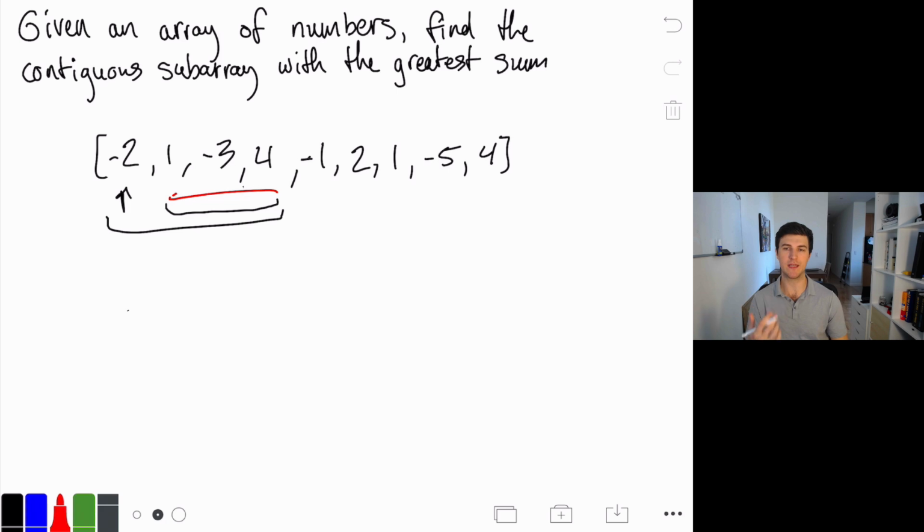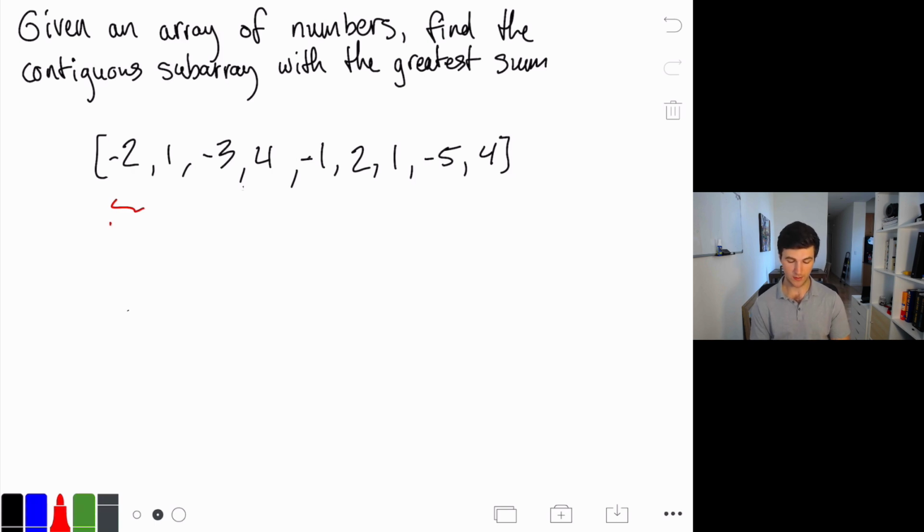That's never going to give us a max. So let's think about what that looks like here. If we look at our array, we are never going to have -2 be the first element of our array.